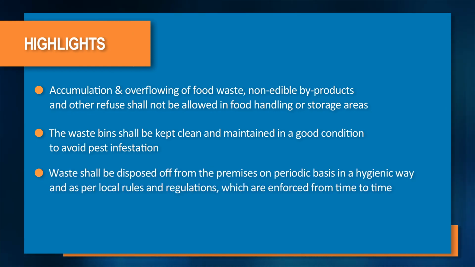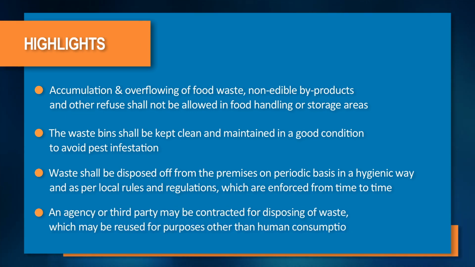Waste shall be disposed of from the premises on periodic basis in a hygienic way and as per local rules and regulations which are enforced from time to time. An agency or third party may be contracted for disposing of waste which may be reused for purposes other than human consumption.